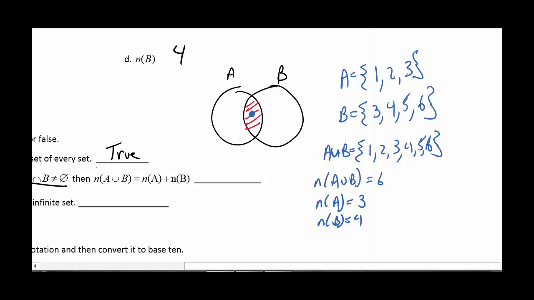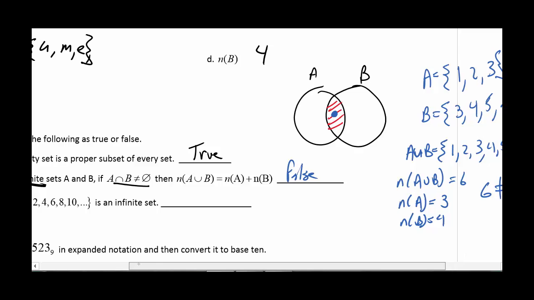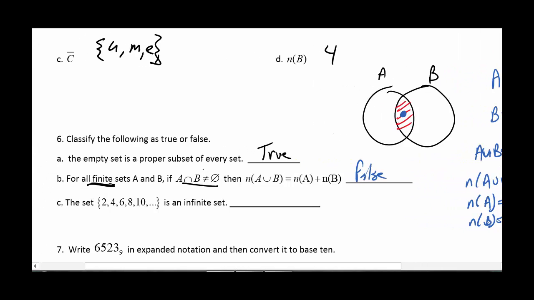So, according to my little statement here, telling me that there's something in the intersection, does that mean if I add up all the elements in A union B, I should get the number of elements of A plus the number of elements of B? Well, does 6 equal 3 plus 4? Nope, that's false. So that's a false statement. And all I needed to know in order to make that false is that there was a non-empty intersection.